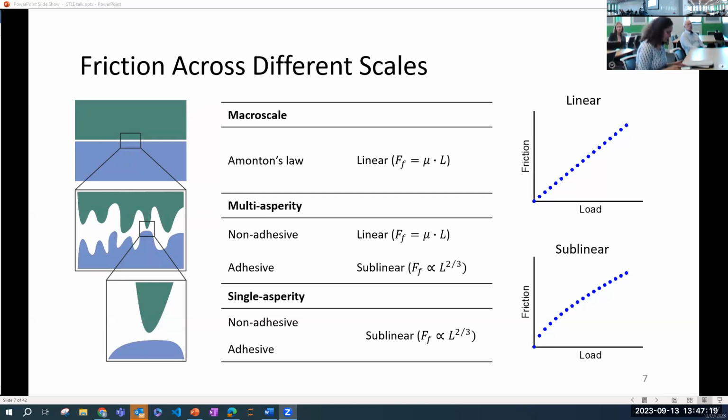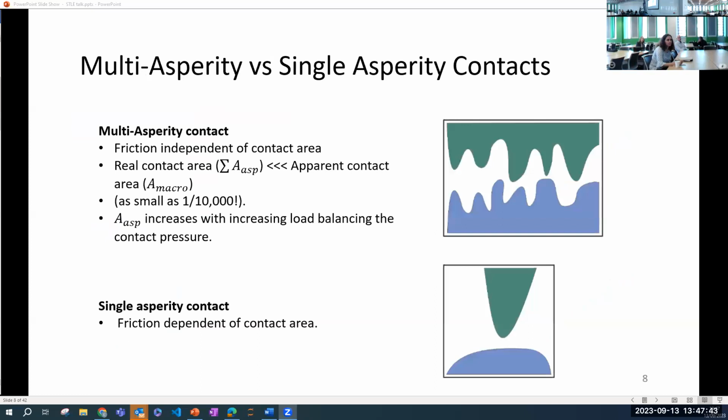And here friction may increase either linearly, as was the case at macro scale, or sublinearly, depending on whether there's adhesion or not, most of the time. And finally, at the nanoscale, we encounter single asperity contacts where friction increases sublinearly with load, revealing a dependency on contact area. So let's discuss a bit why this happens.